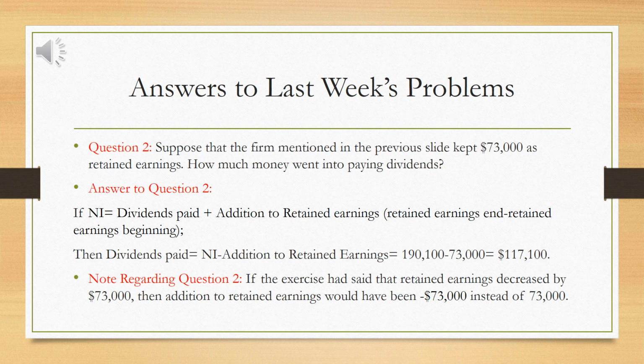So 190,100 minus 73,000 equals 117,100. Note that if the exercise had said that the retained earnings decreased by 73,000, then the addition to retained earnings would have been minus $73,000 instead of $73,000.